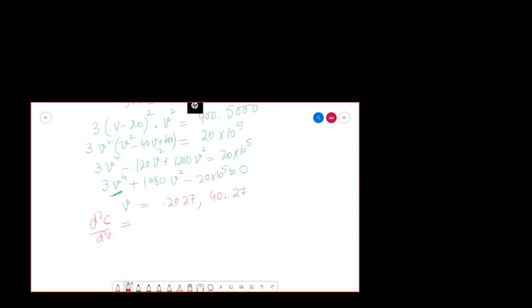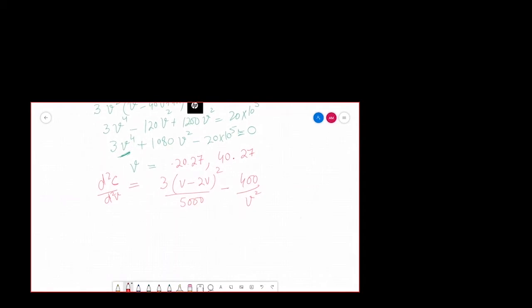So it would become 3 times v minus 2v to the power square over 5000 minus 400 over v square, because there was v in the denominator singly.